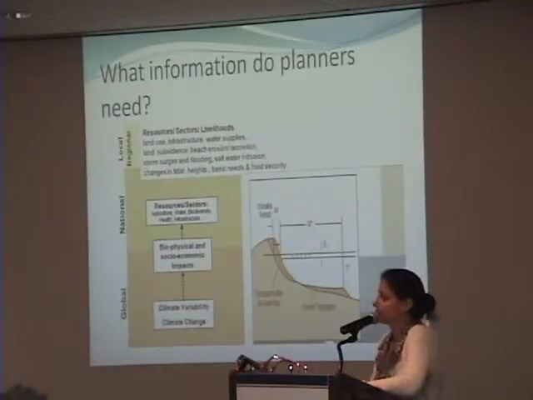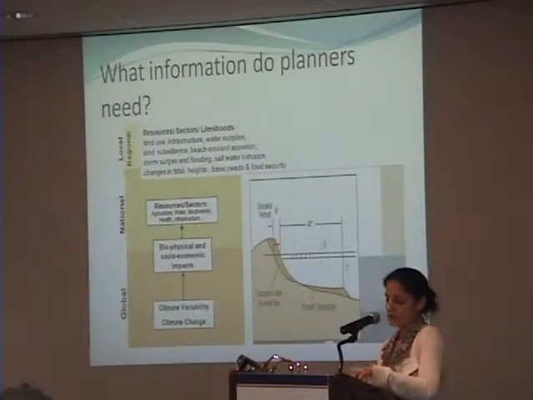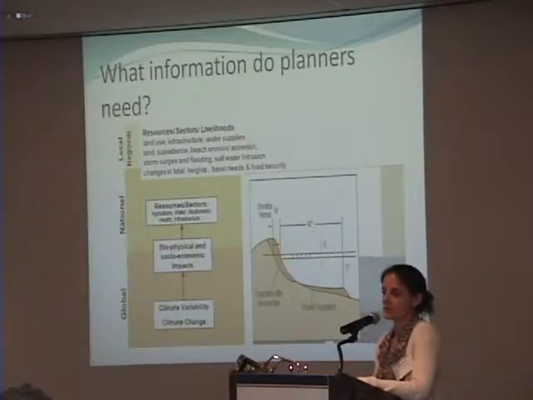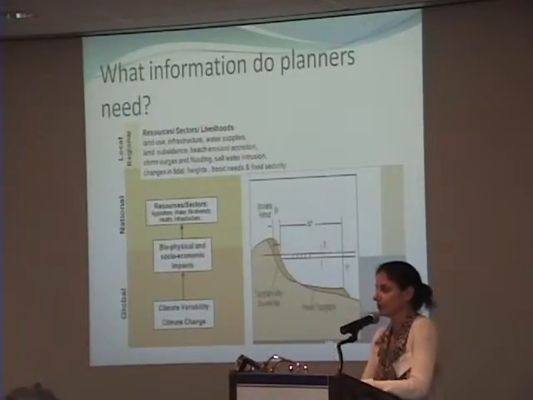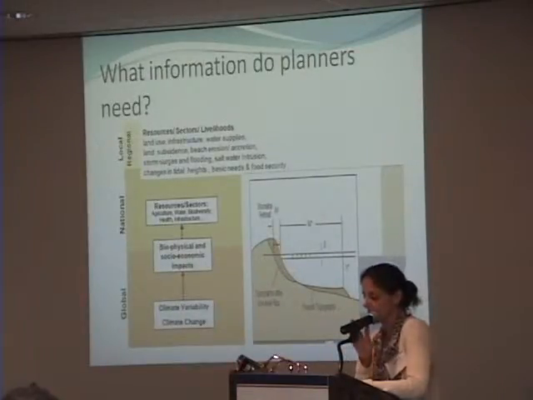The information that we need at the local level is this type of information: how we're going to change land use, what we need to know about how climate change is going to affect infrastructure, water supplies, and land subsidence where it occurs. It does not occur here in South Florida, but we have heard from Professor Wallace that we have such problems in Texas.